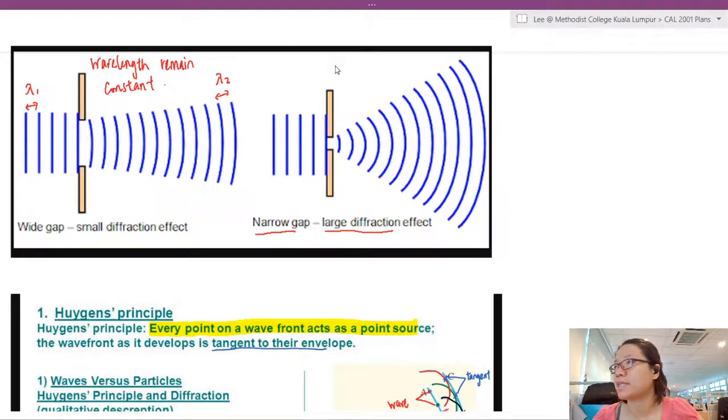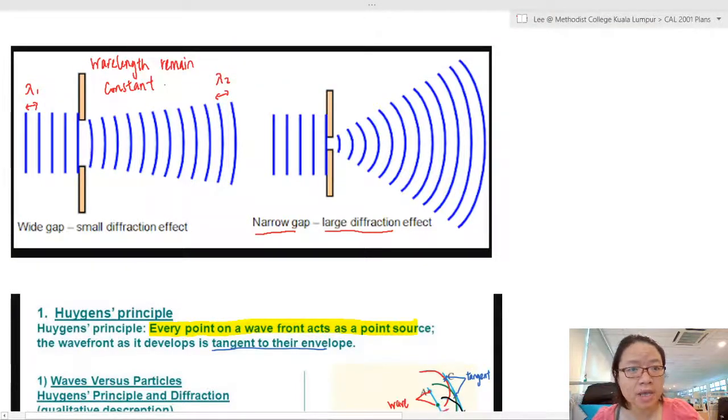There are certain properties that they like to ask you. Before diffraction, my wavelength, lambda 1, will still remain the same after, lambda 2. The only difference is that the wave shape will begin to curve.